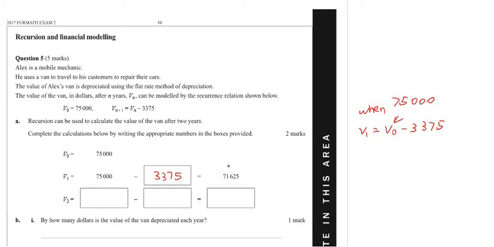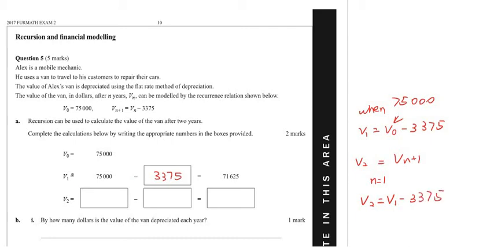Now for my V2, if we want to follow the equation over here, my V2 became my Vn plus 1. So if my V2 is equal to Vn plus 1, then 2 is equal to n plus 1 over here. So my n is equal to 1. So the Vn plus 1 equation has just been changed into V2 equals V1 minus 3,375.